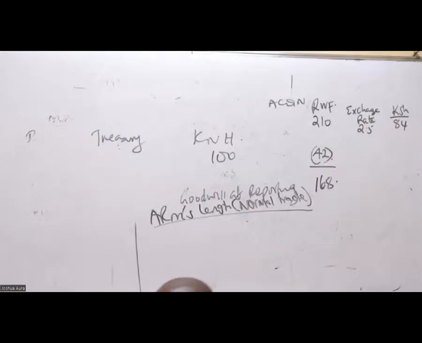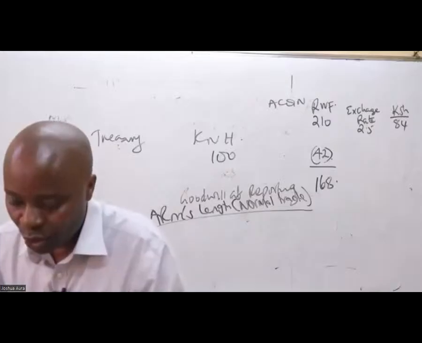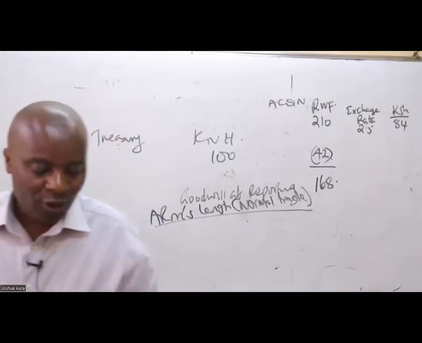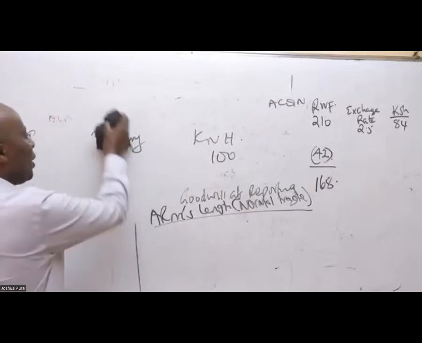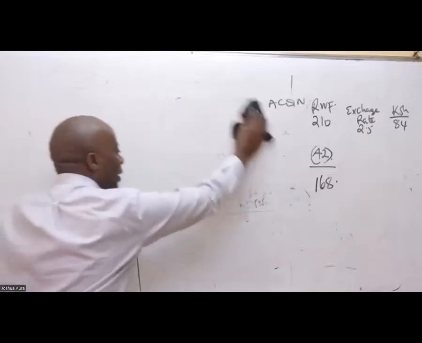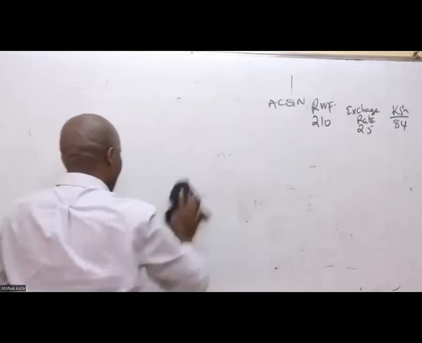We normally have two types of measurements when it comes to IFRS 3, measuring NCI.